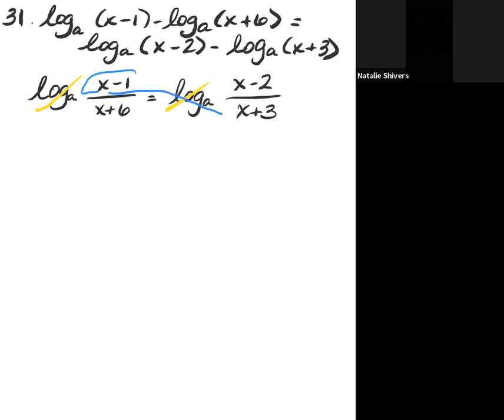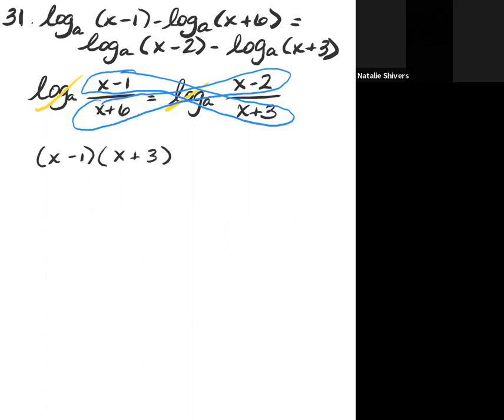So here's my cross multiplication. I get x minus 1 times x plus 3 equals x minus 2 times x plus 6. On the left side, when I simplify, I get x squared plus 2x minus 3. On the right, I get x squared plus 4x minus 12.